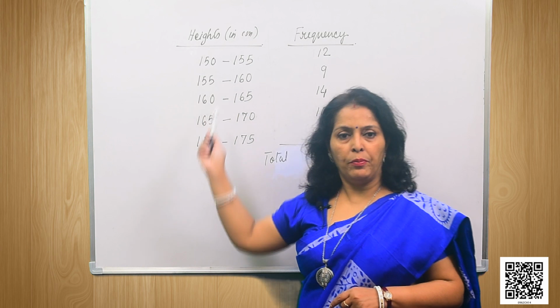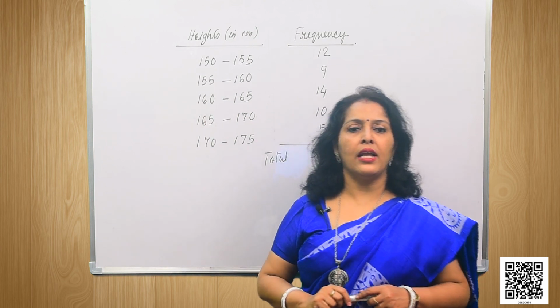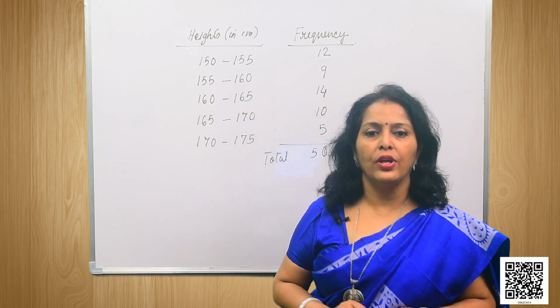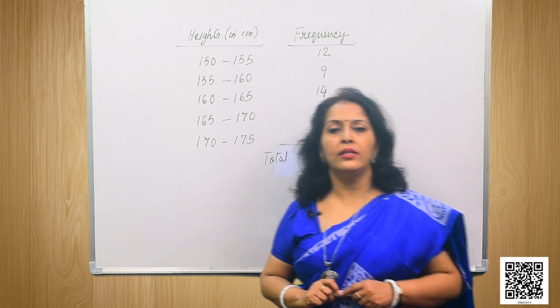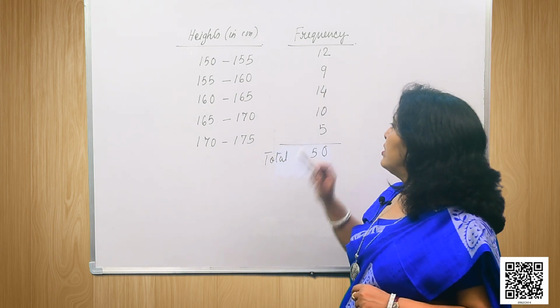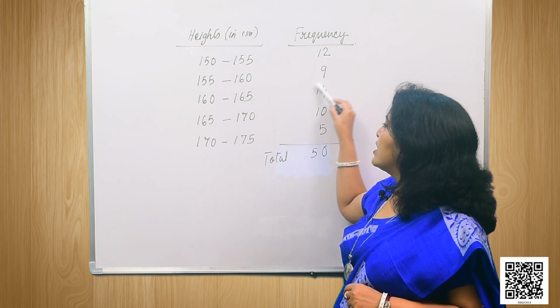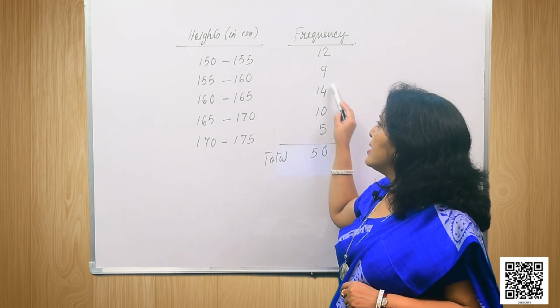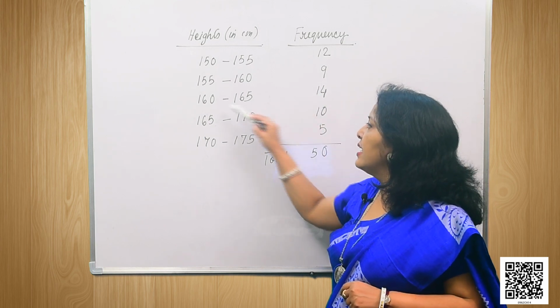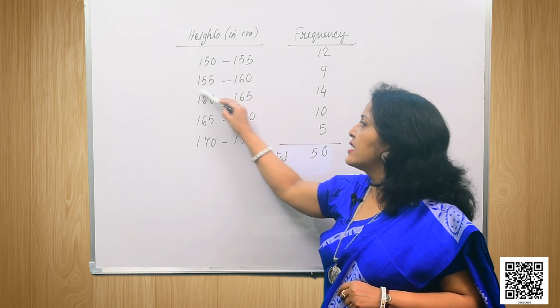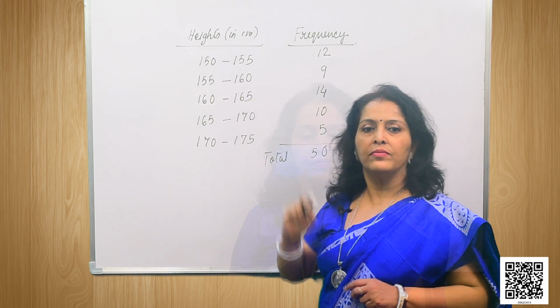So this is your bit number 1. For the second bit, they are asking what can you conclude about their heights from the table. We can come to the conclusion that 14 is the highest number of children in a class, and they are of height 160 to 165.